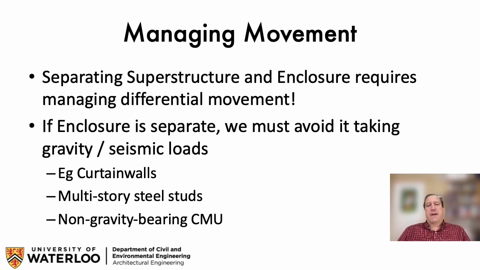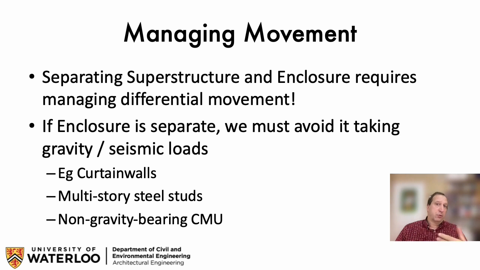And I tried to emphasize this idea that you needed to manage movement between the two. There's a difference between the stiffness, and hence the amount of deformation that occurs, between the superstructure and the enclosure support. This is something that we really need to do when we're designing, to make sure that we provide flexible joints between the superstructure and the enclosure.